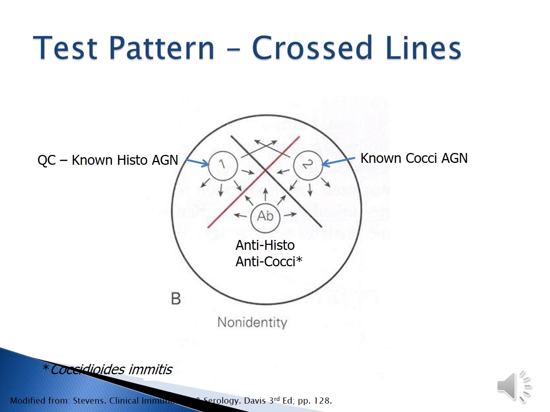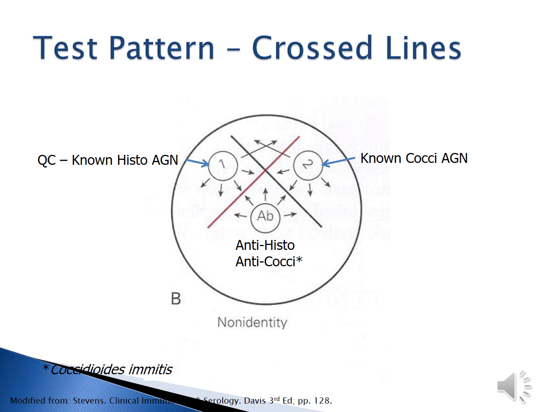So we're going to incubate this and let it incubate anywhere from 12 to 48 hours in a moist environment. Then we'll pull it out, and this would be the results that we would get. So our antihisto antibody is obviously going to bind to our known histoantigen, and our known coccidioides antibody will bind to our known coccidioides antigen.